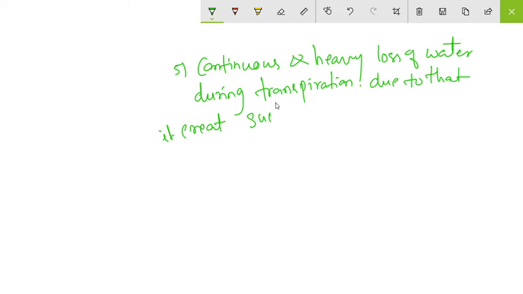Pulling force or suction force means what? A force that pulls. So that is the suction or pulling force.